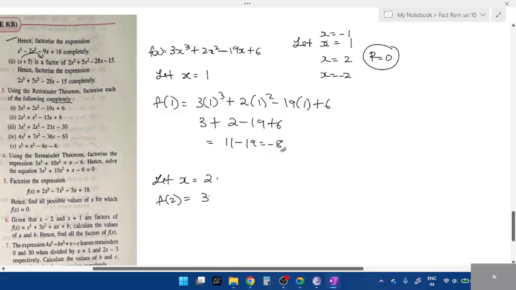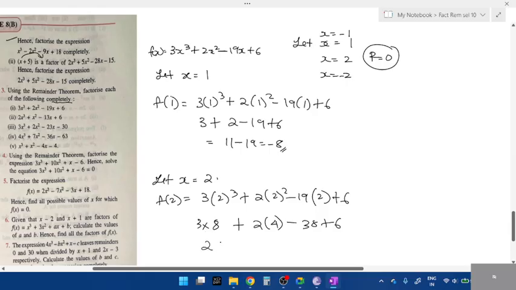Look, if I take 2 cube plus 2 into 2 square minus 19 into 2 plus 6. Respond, what will you get for this? How much is 2 cube? 8. 2 into 4, minus 19 into 2 is 38, plus 6. 3 eights are 24, minus 38 plus 6.